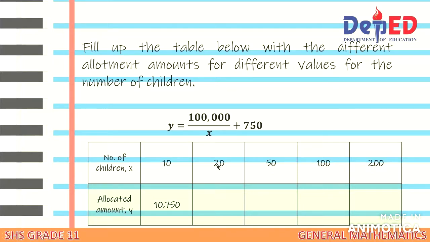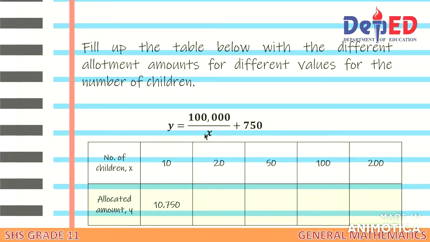How about if the number of children is 20? Ano naman yung allocated amount which is the value of y? So 100,000 divided by 20 equals, and then yung magiging sagot plus 750. Okay, as you can see, we are just replacing x here.